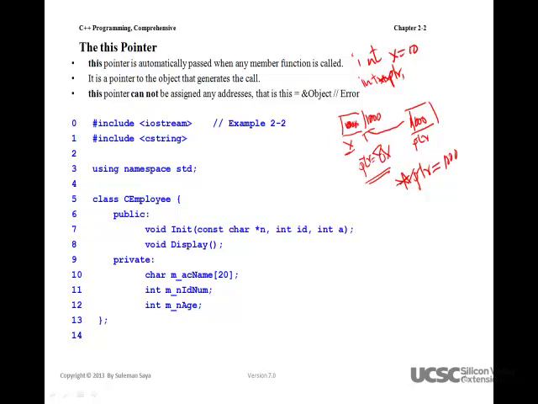When the compiler inserts this pointer in the parameter list, it will make that pointer the same type as the class name. Because that member function belongs to that particular class, this pointer will be of that particular class type.